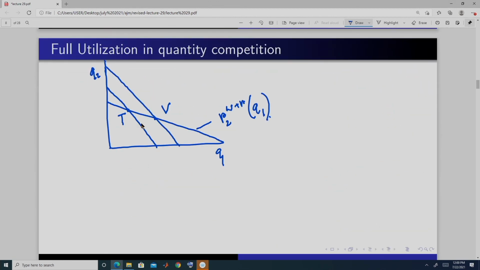Now, suppose capacity is here. So, the reaction function of firm 2 is going to be this thick blue line, and where do they intersect? They intersect at this point. So, this is the outcome in Cournot competition.